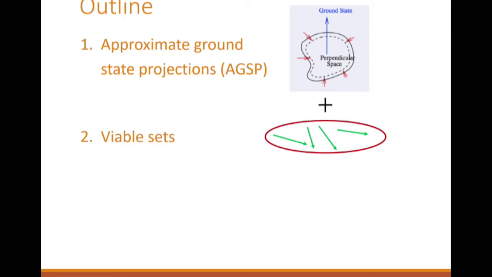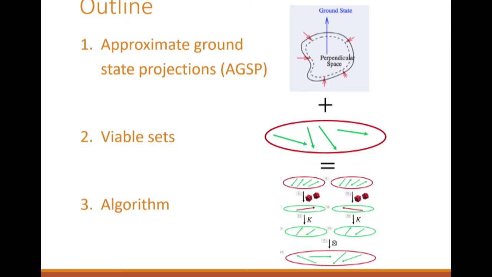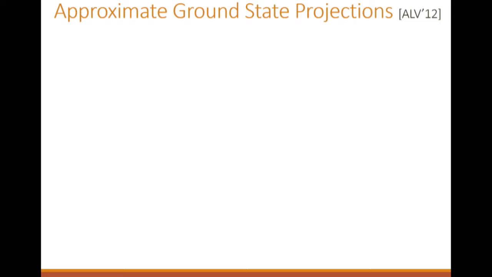At the low level we do, but at the high level, because we're trying to find subspaces, we're going to work with subspaces, which we'll call variable sets. I'll explain what these are. And once we have these two ingredients, we'll put two and two together and get an algorithm, which is going to have a tree-like structure that I'll explain. So first I explain AGSPs, then variable sets, then how we put them together. Okay, so approximate ground state projection.